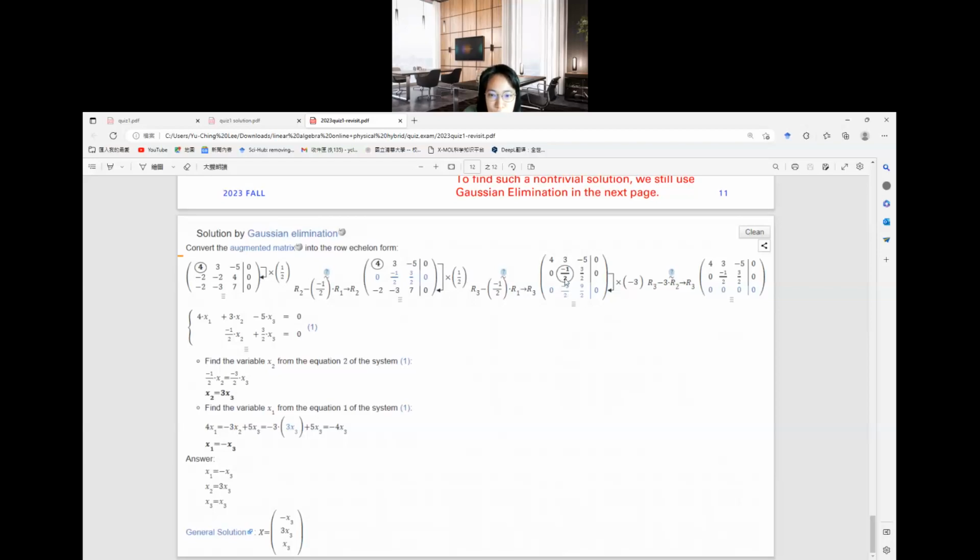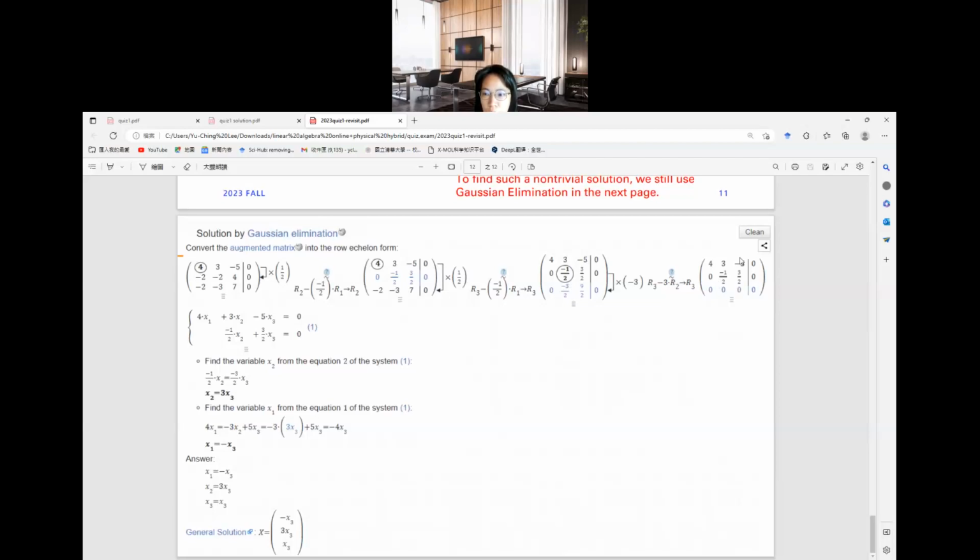I notice that I can continue to choose another pivot, which is -1/2. This one is my second pivot. So I multiply the second row by -3 and then add it to the third row, and then that reduces this element to 0.